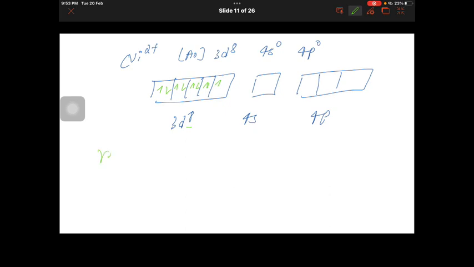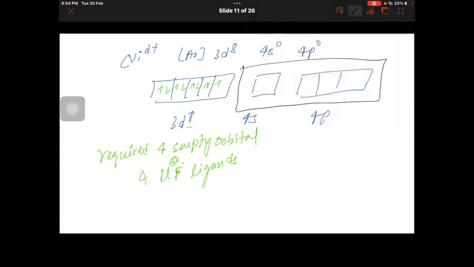We required 4 empty orbitals because of 4 Cl minus ligands. So of those four, one is s, the remaining 3p. These 4 orbitals undergo hybridization, forming sp3 hybrid orbitals.